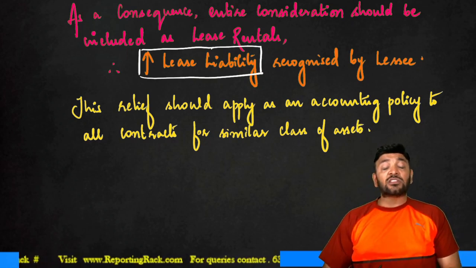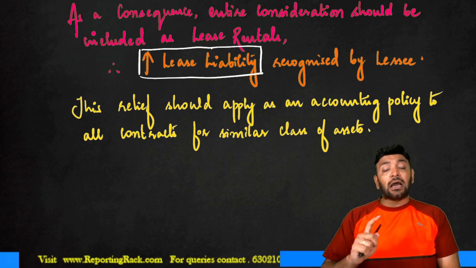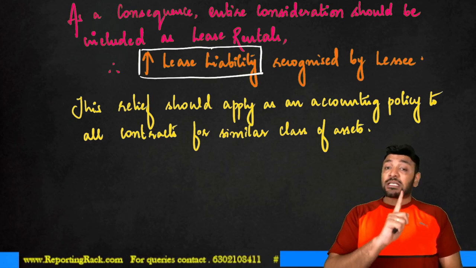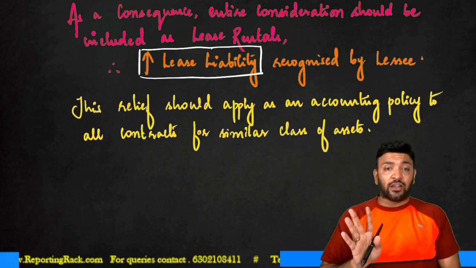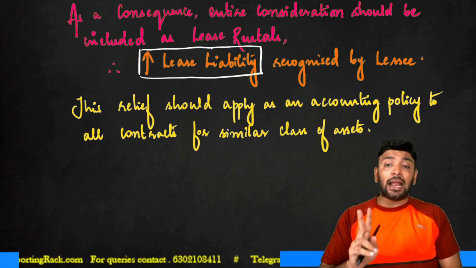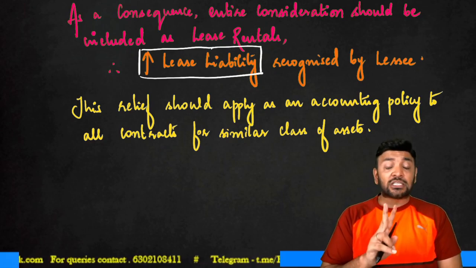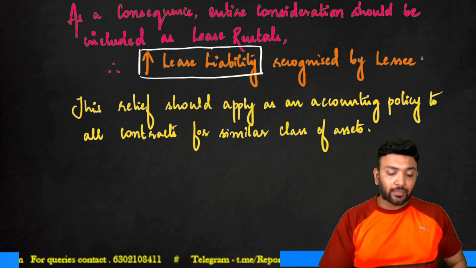All similar classes of assets should be considered in the same accounting policy, whether you want to separate it or you don't want to separate. You have to elect and select and apply the same accounting policy for the same similar class of assets.